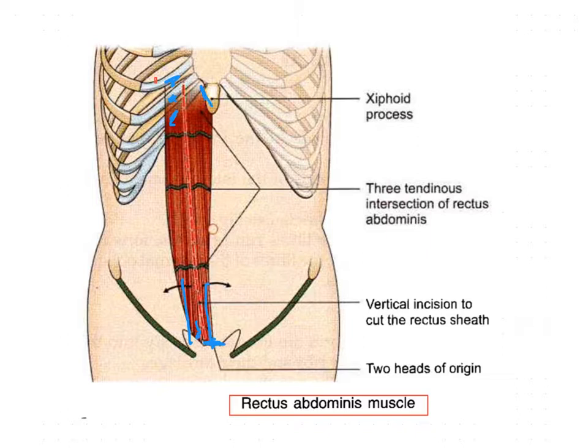So this is the insertion of the rectus abdominis muscle. It is inserted by three slips into the fifth, sixth and seventh costal cartilages, and then finally into the xiphoid process of the sternum.